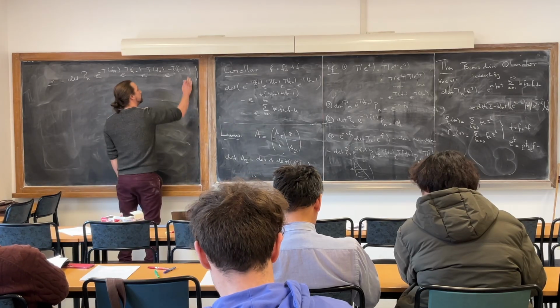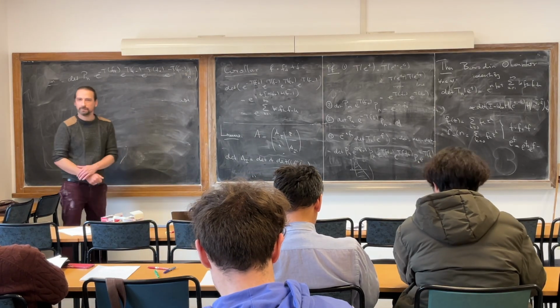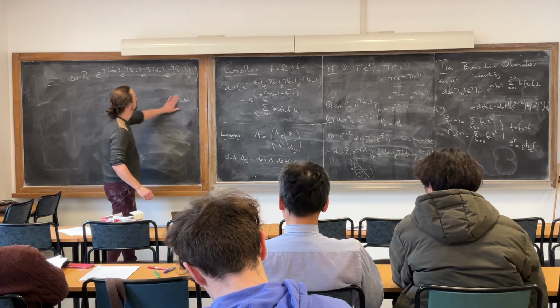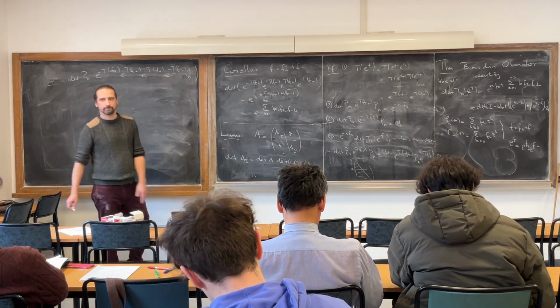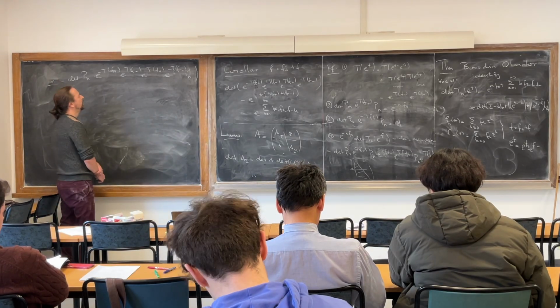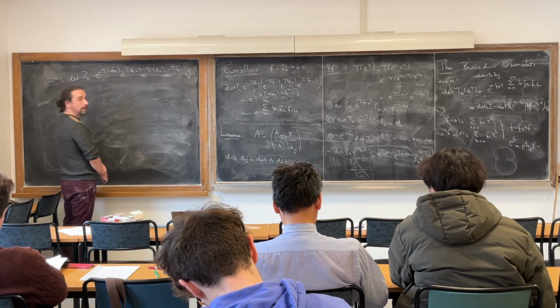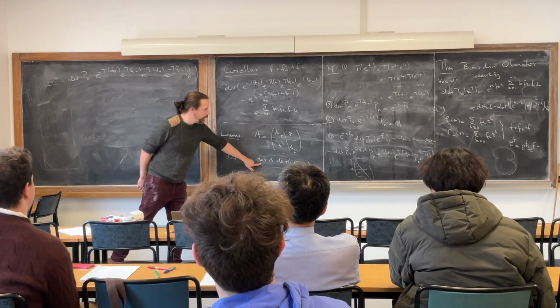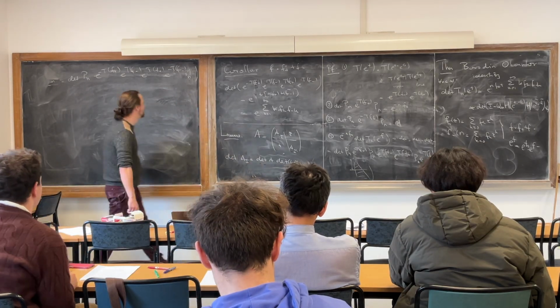Times the Pn. Okay, very good. But now I'm done. Why am I done? Because I can just use the Jacobi identity.